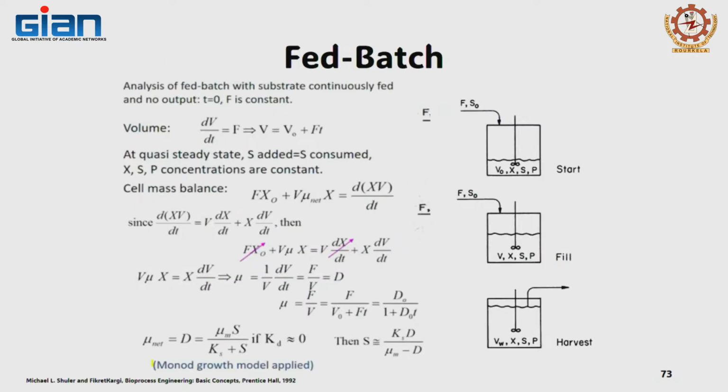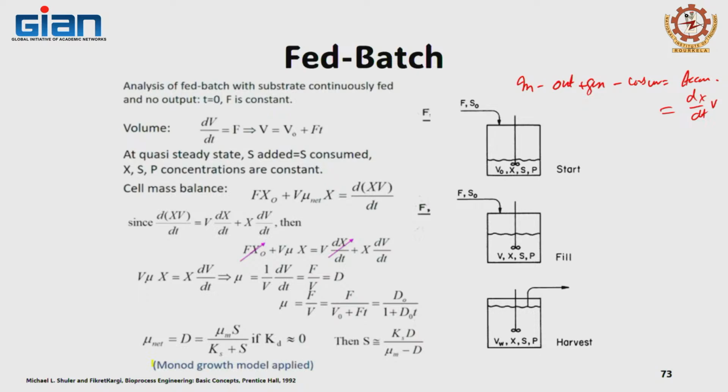Now comes the whole design equation, and this would be the main one. For the fed batch, now the whole equation will change. If you remember, we had in minus out plus generation minus consumption is equal to accumulation. In this case, again, dXV/dt is your accumulation term. There is an in for the feed and an in for the substrate.